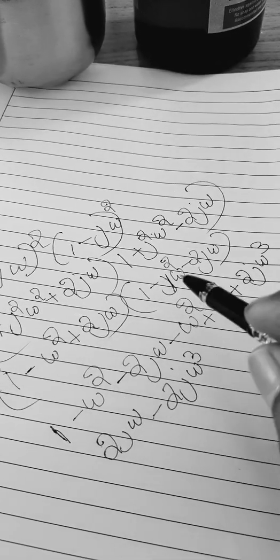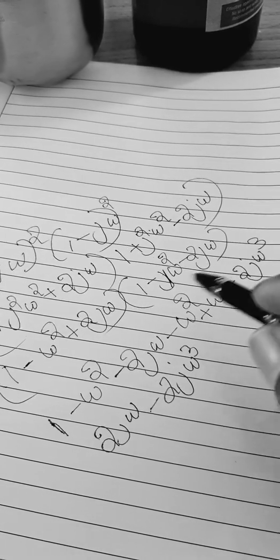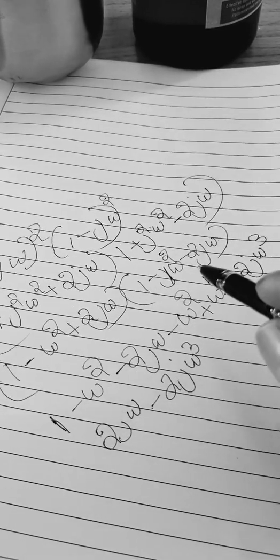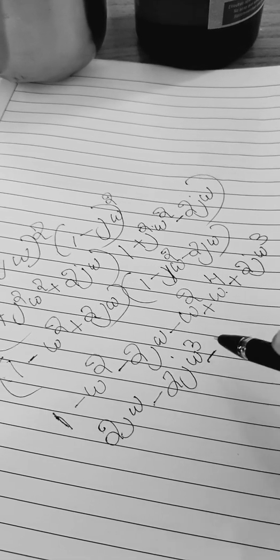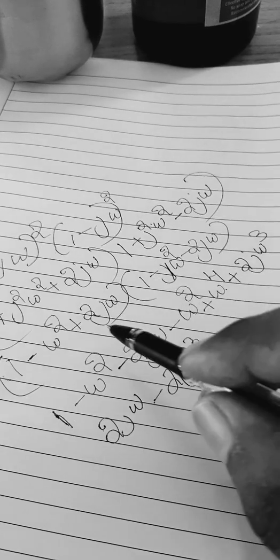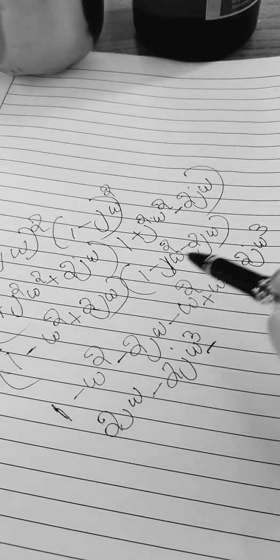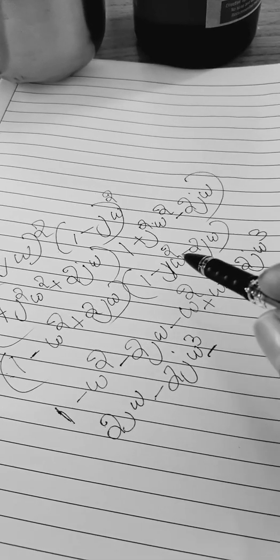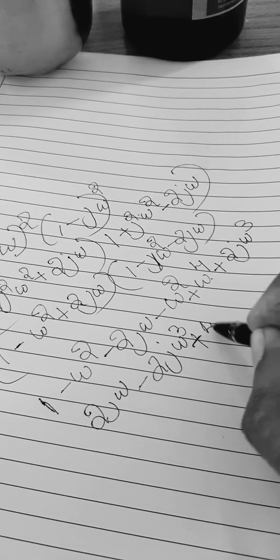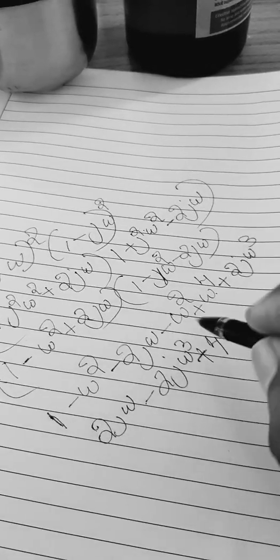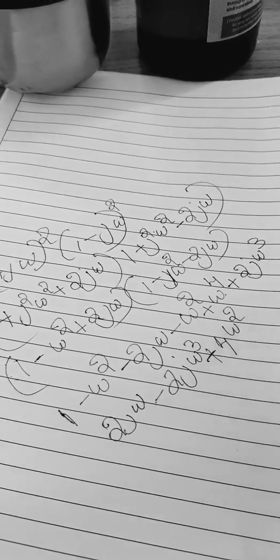The next, 2 into 2 is 4, j into j², so j² is already there, that is again minus, minus of minus is plus, so plus 4ω².